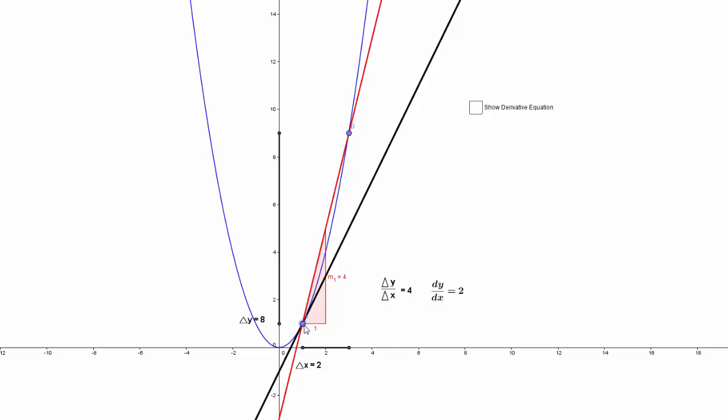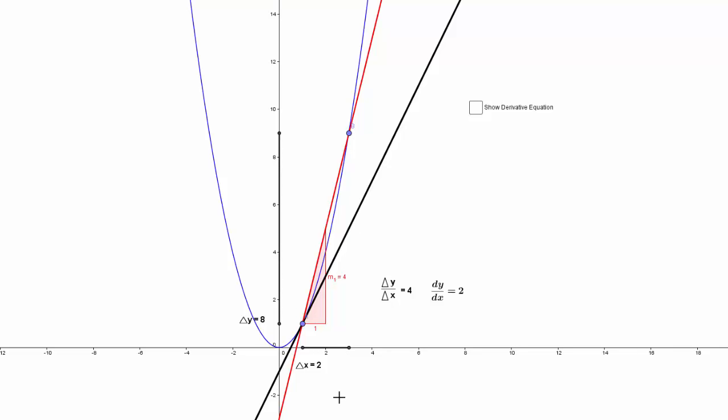The other point of my secant line, point B, I want to define relative to my point A. So its x position is going to be x plus delta x. In this case, x is 1 and delta x is 2, so the x coordinate of point B is located at x equals 3.